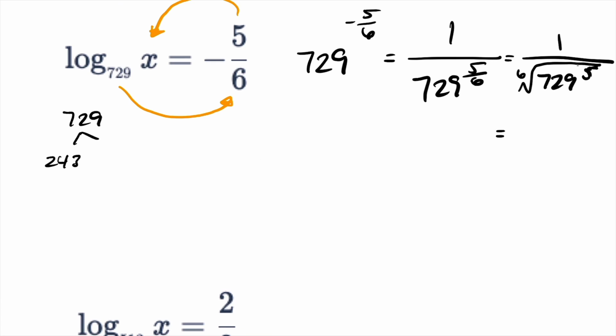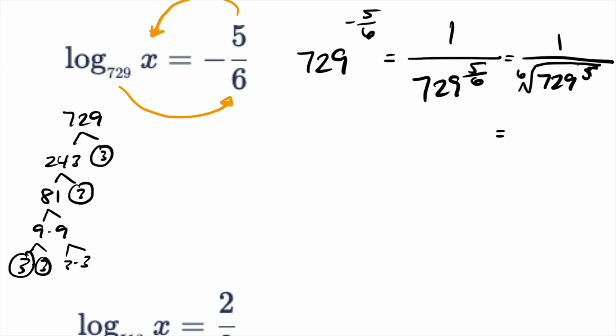729 is 243 times 3, or 81 times 9. I think this is 81 times 3. And then 81 is 9 times 9. And then each of these guys has a 3. Okay.